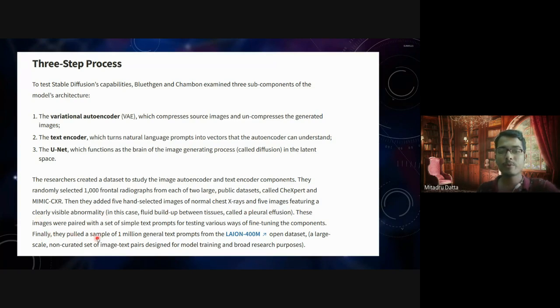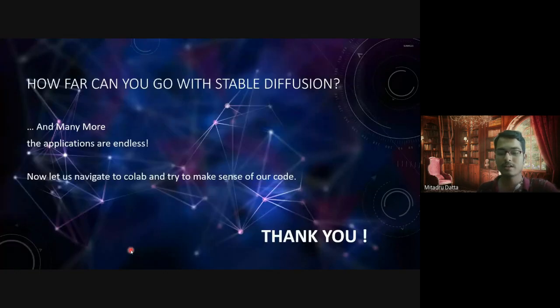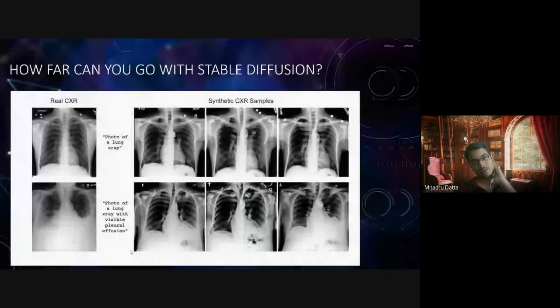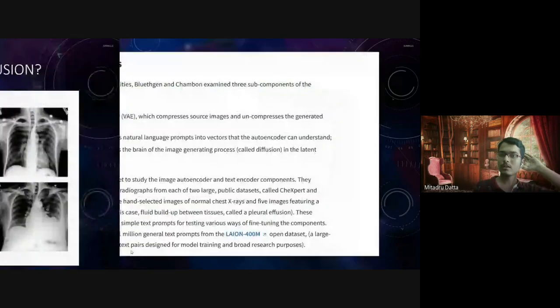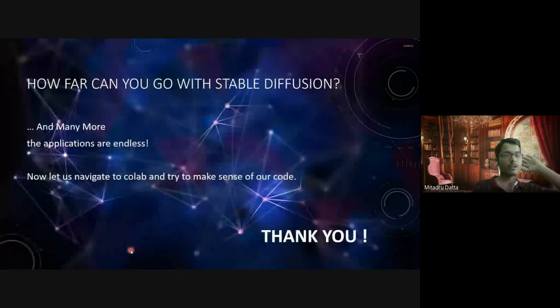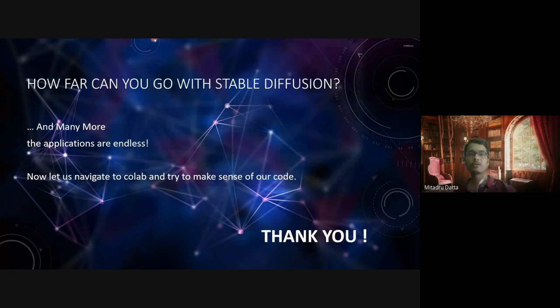And finally, they pulled a sample of 1 million generated prompts from an open dataset, and tried the model training and the fine tuning. Applications are endless in this field. In the last webinar I also showed you the code, so let us go and try to make sense of our code.